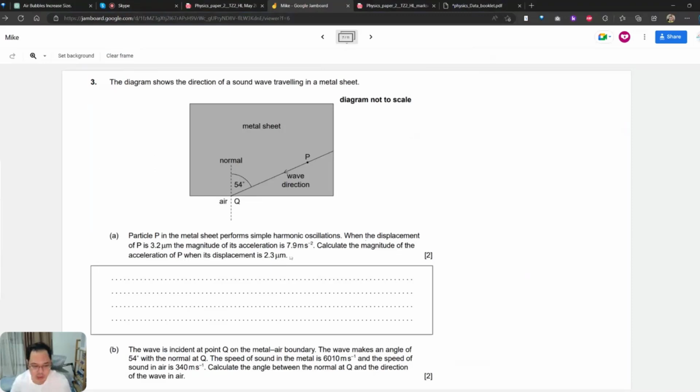So we have two things, displacement and acceleration. You need to look for an equation involving those two things in the formula sheet. This is simple harmonic oscillation, so it's supposed to be in topic 9.